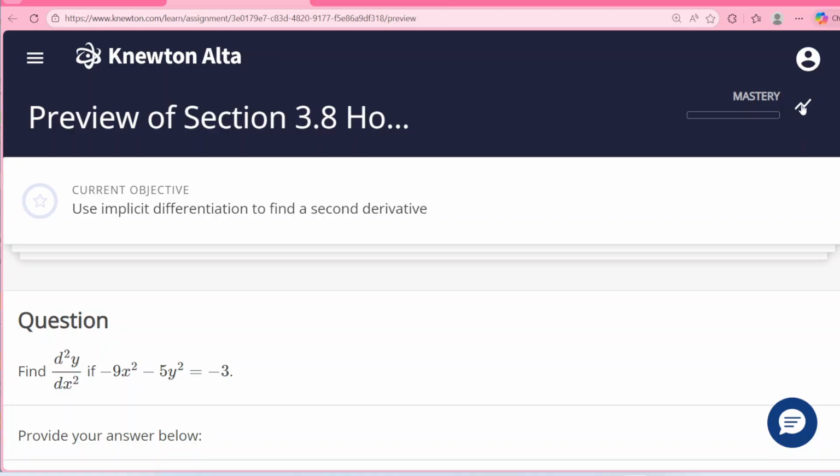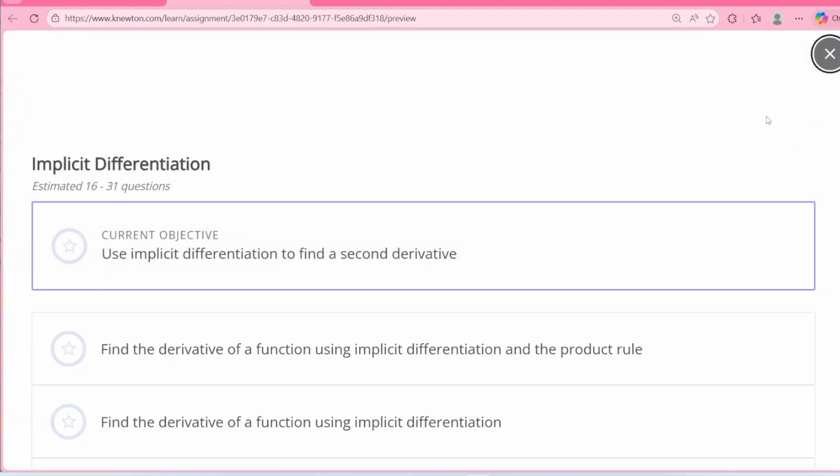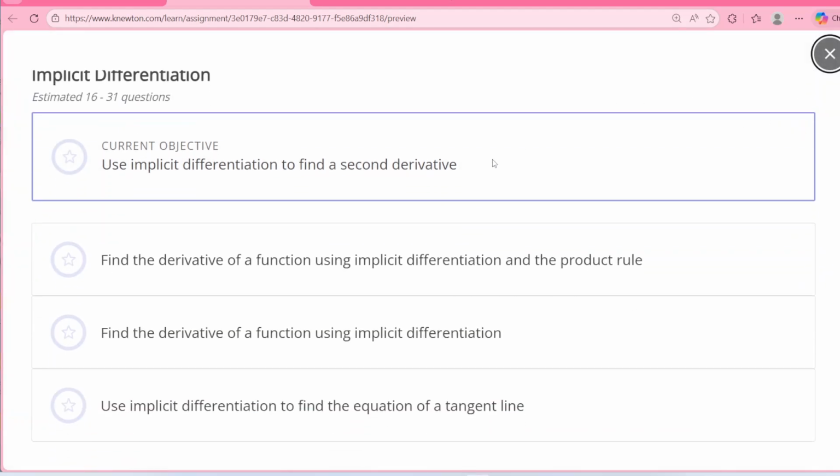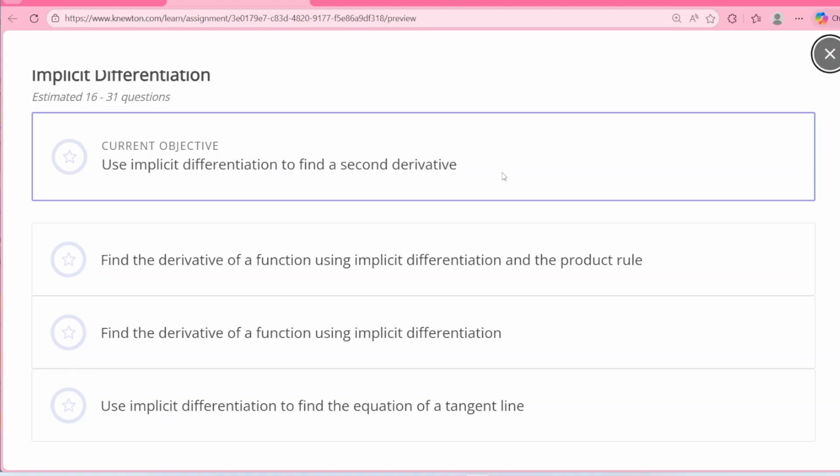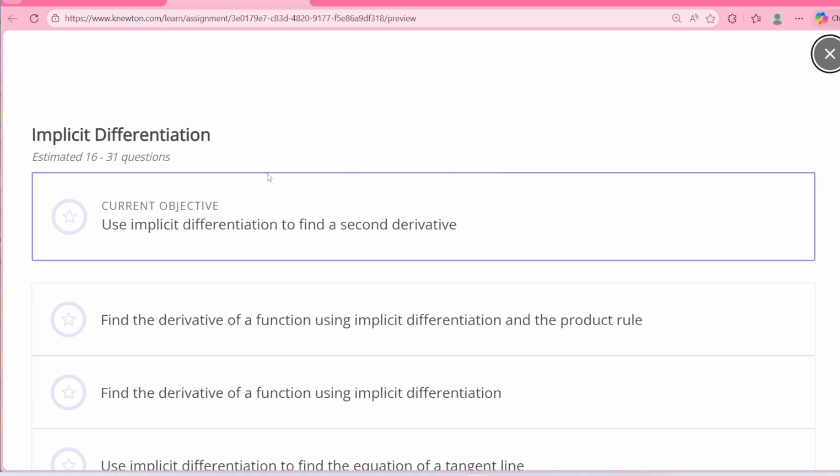Next to that, an activity log, which shows you all the different objectives the questions on the assignment will pertain to. So here there are 4 objectives, all under the heading of implicit differentiation.